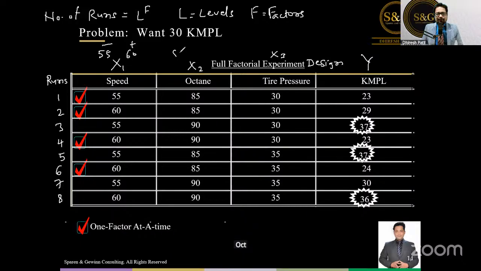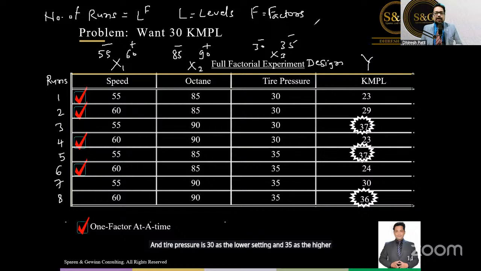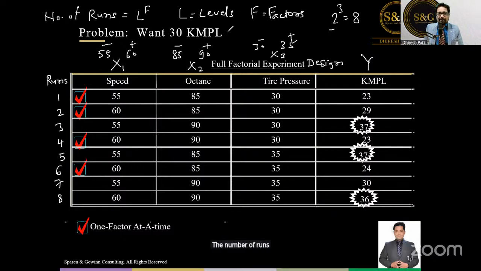Octane is 85, which is minus, and 90, which is plus. And tire pressure is 30 as the lower setting and 35 as the higher setting. That means 2 raised to 3 is equal to 8. So the number of runs of the experiment is L raised to F, which is 2 raised to 3, equal to 8. So we have to have 8 runs.